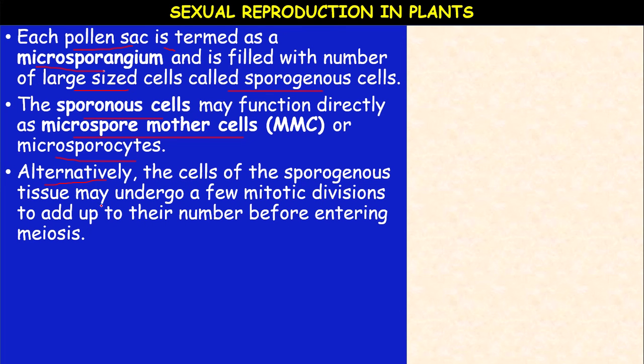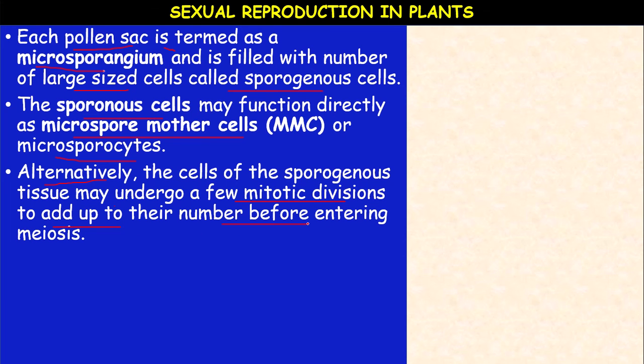Alternatively, the cells of the sporogenous tissue may undergo a few mitotic divisions. There are 2 types of cell divisions, mitosis and meiosis. First, the mitosis occurs. It is a vegetative cell division, to add to their number before entering meiosis, because these sporogenous cells or microsporocytes increase in number by this mitotic division.